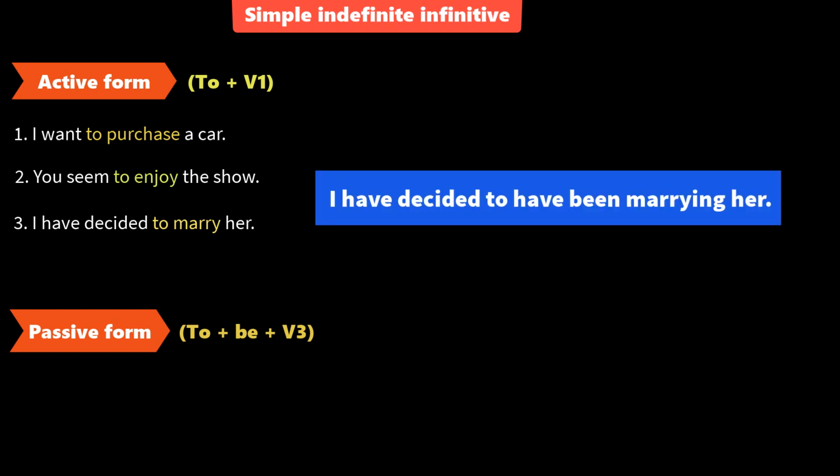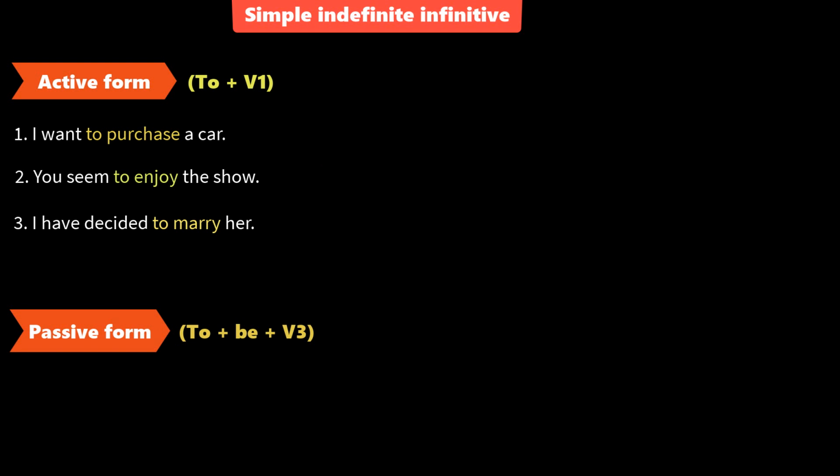Similarly, you cannot say I have decided to have been marrying her. That's incorrect, because if you decide an action, you're gonna do it later on. How can you decide an action that has been happening for a while? That sounds stupid, right? So guys, please understand, you are going to use all these different forms of infinitives according to the verb. All right, let's look at the passive form.